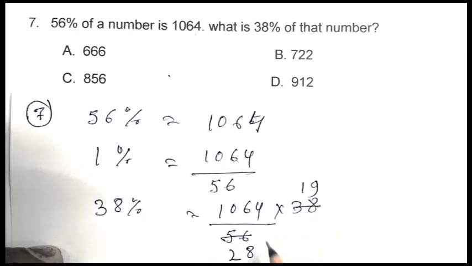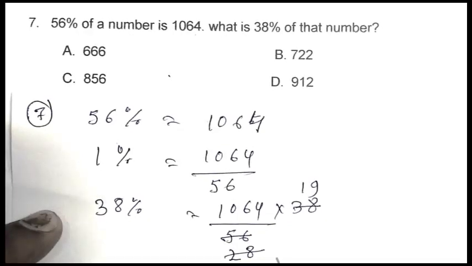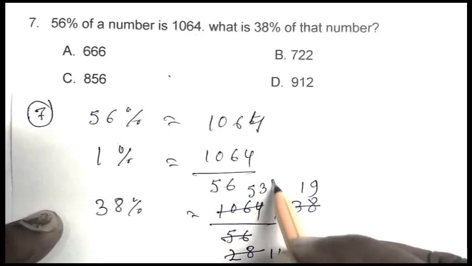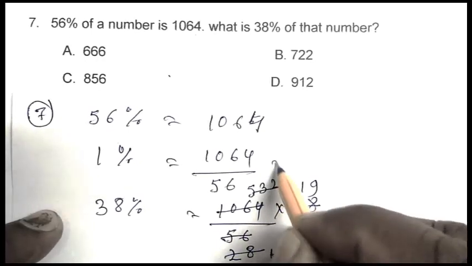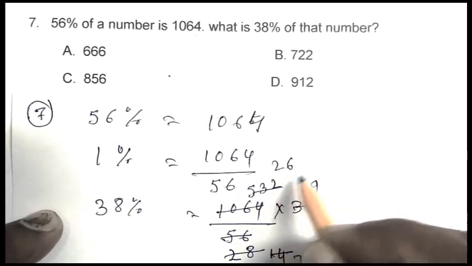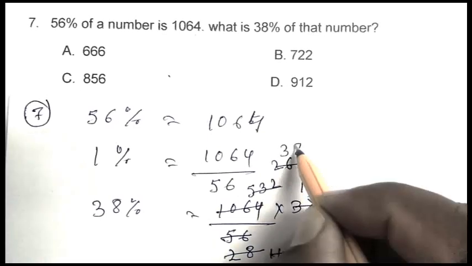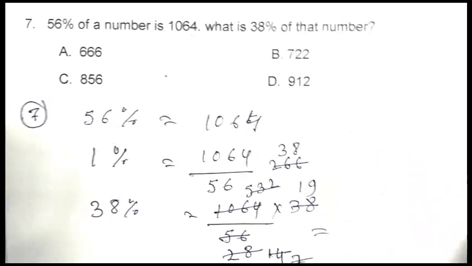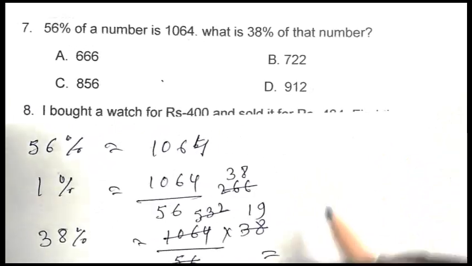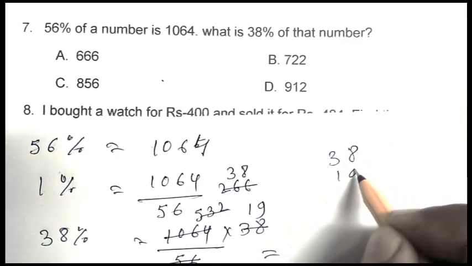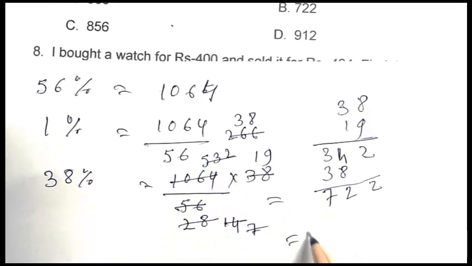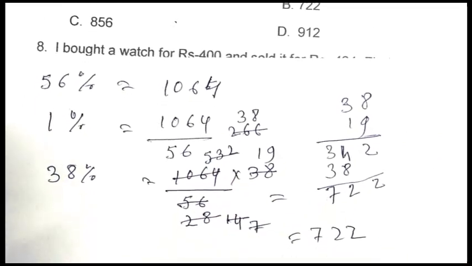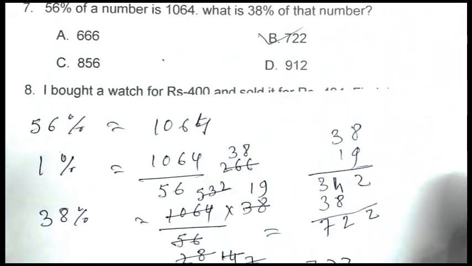Simplifying, we get 38 into 19, so the answer is 722. B is the right answer.